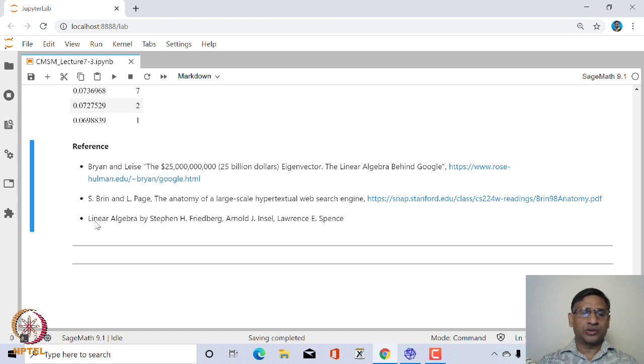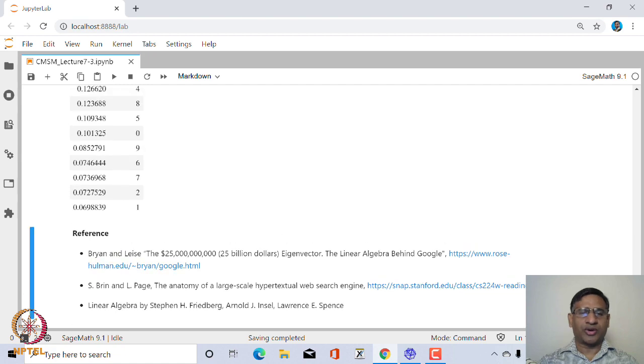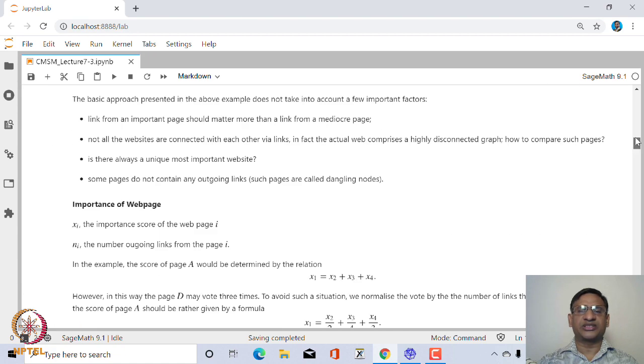For the convergence of stochastic matrices, you can look at the book on linear algebra by Stephen Friedberg, Arnold Insel, and Lawrence Spence. These are some references for studying more concepts in linear algebra and some of its applications.